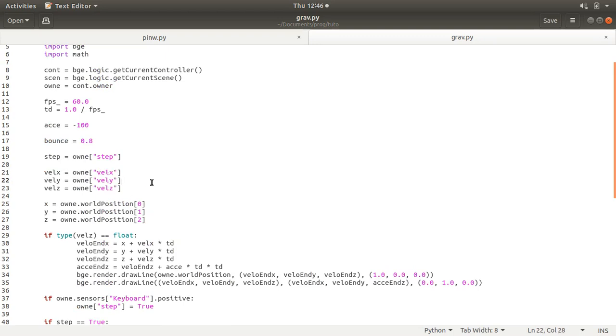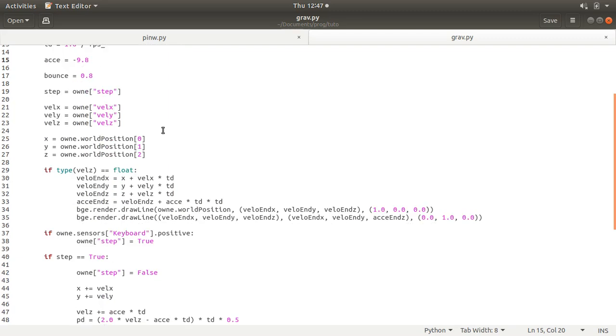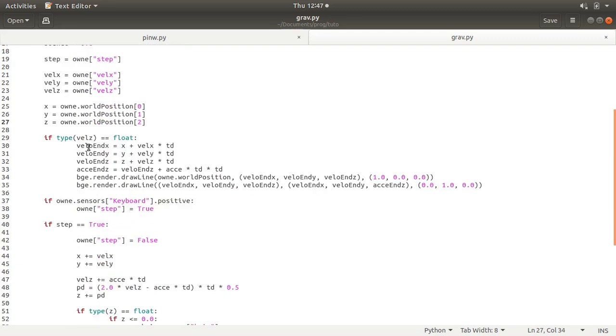I'm setting my bounce, which is the elasticity of the object. Acceleration due to gravity should be 9.8. Here I'm drawing my velocity vector relative to the position of the ball. I'm drawing an acceleration vector relative to the position of the velocity.